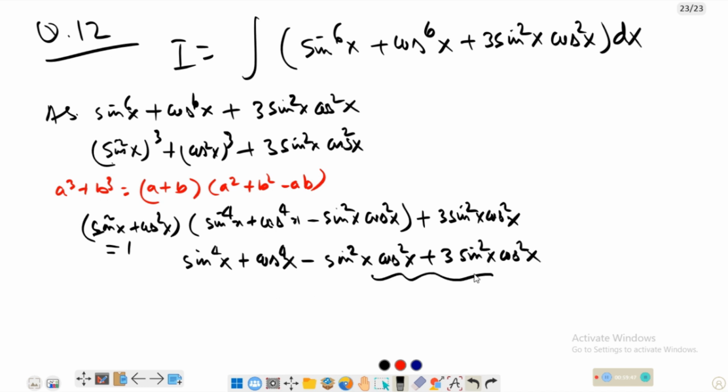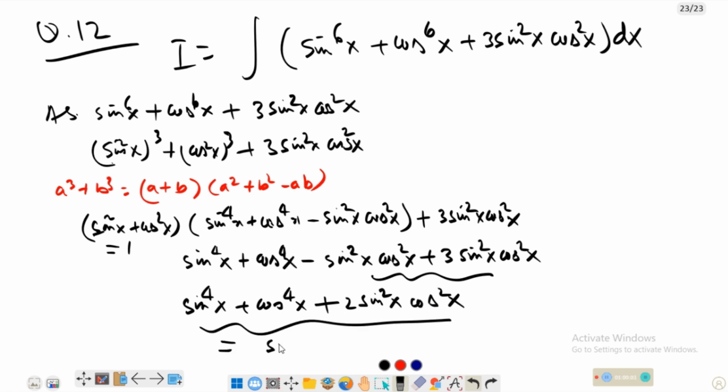So this quantity is equal to sin to the power 4x plus cos to the power 4x plus 2 sin square x into cos square x. So this quantity is equal to sin square x plus cos square x, the whole to the power 2.